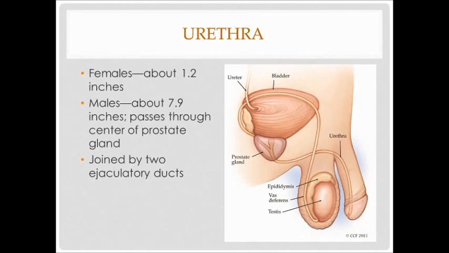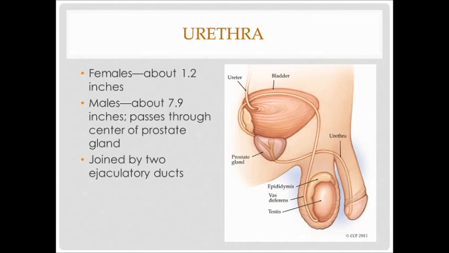So the kidney stones have a lot shorter distance to travel in women than they do in men. The urethra in men passes right through the center of the prostate. So again, in conditions like BPH, men can have a hard time urinating or starting and stopping the flow of urine.